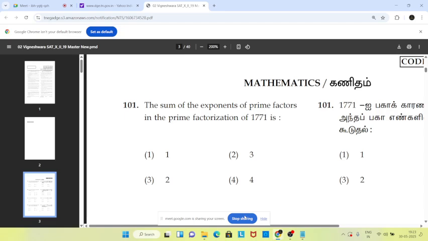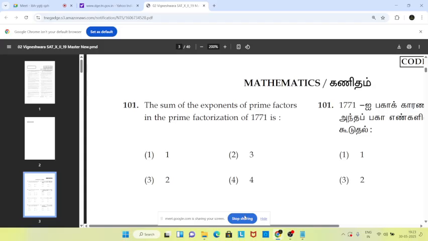Can you take a sheet of paper and do it? What is 1771? It is not divisible by 2, not by 3, not 4, not 5, not 6. Just check 7. Yes, it is divisible by 7. If you divide by 7, what is the quotient you get? 253.